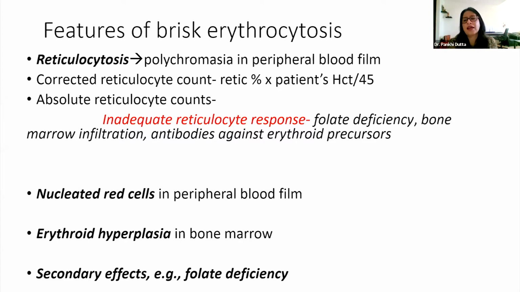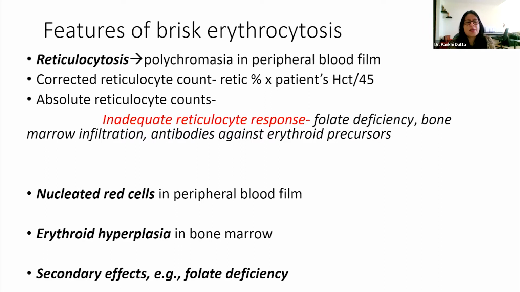Folate deficiency can occur very quickly if there is increased erythropoiesis. If the bone marrow is not healthy, even a chronic infection, the bone marrow cannot produce properly. And in some of the autoimmune hemolytic anemias, antibodies also act against erythroid precursors. In such situations, you may get an inadequate reticulocyte response.